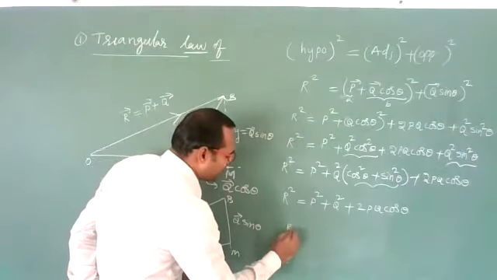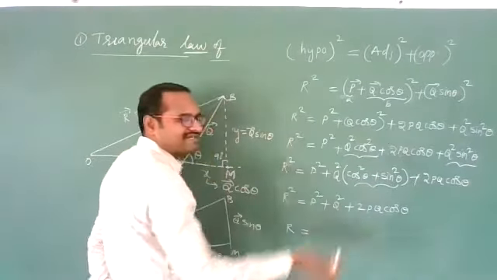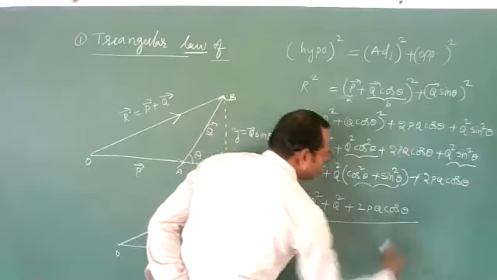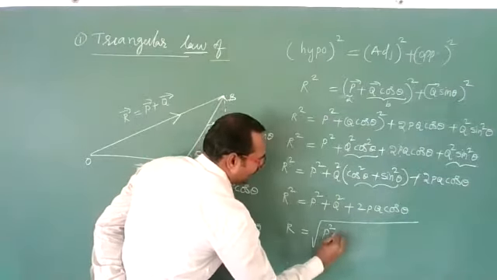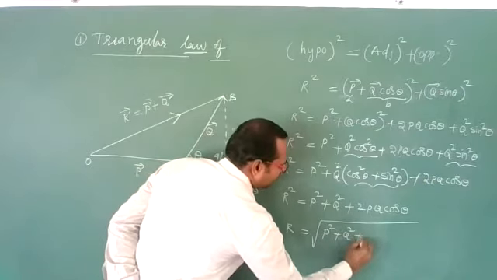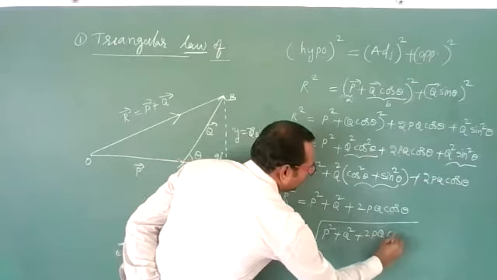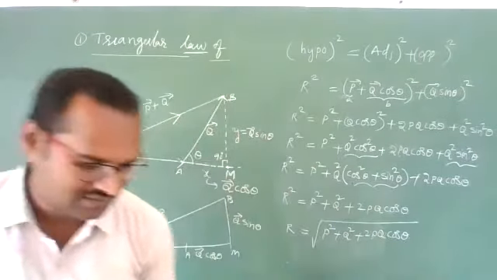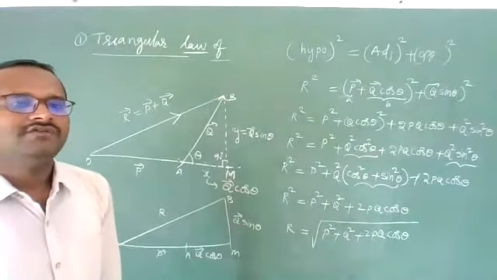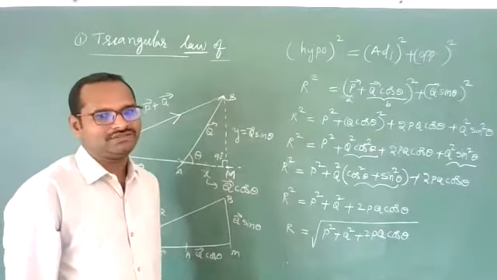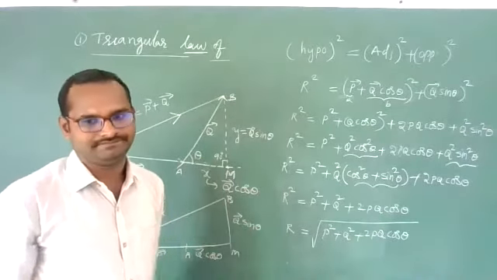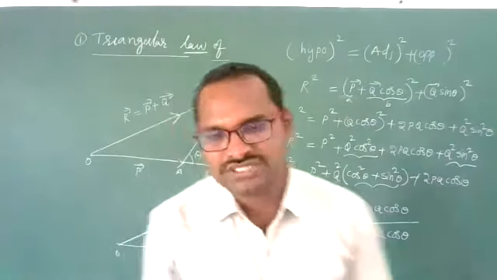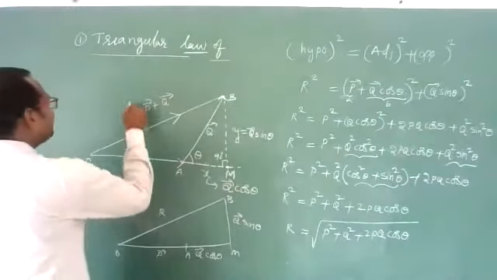You want R? Yes. Resultant R can be written by taking the square root on that side. Square root of P square plus Q square plus 2PQ cos of the angle between the two vectors. Yes. This is the formula when you add two vectors which make some angle theta between them. Okay, students? Yes. So this gives you the resultant magnitude.